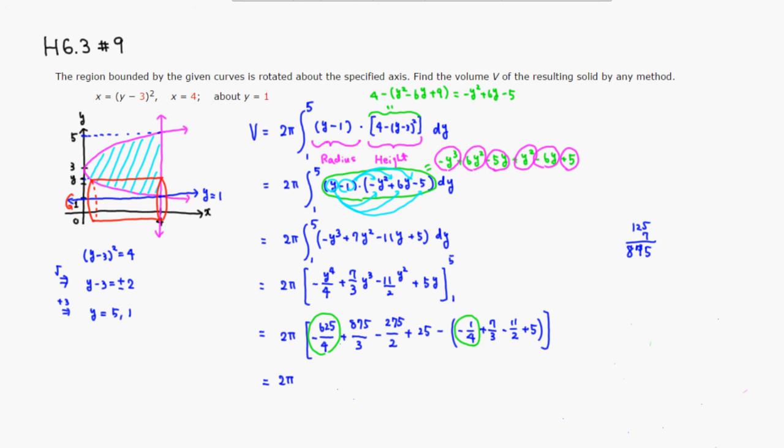So this is going to be negative, 4 on the bottom and a 624.